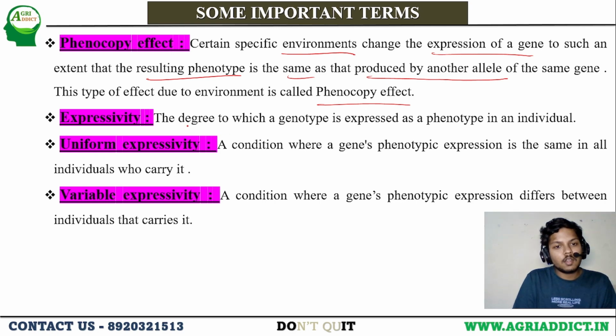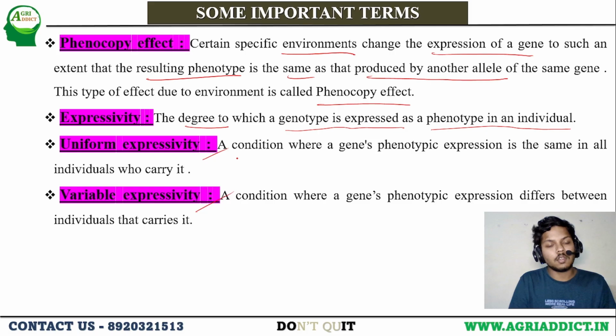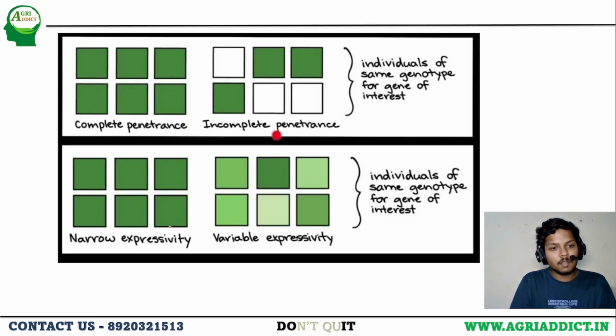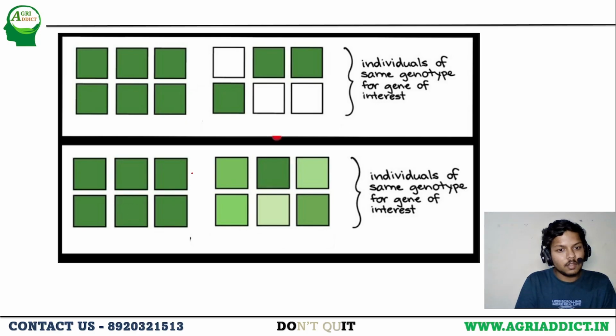And the next one is expressivity. Expressivity means the degree to which a genotype is expressed as a phenotype in an individual. Here there are two types of expressivity: uniform expressivity and variable expressivity. First of all, let us learn what is expressivity. Here you can see, let us assume these are plants 1, 2, 3, 4, 5 and 6.